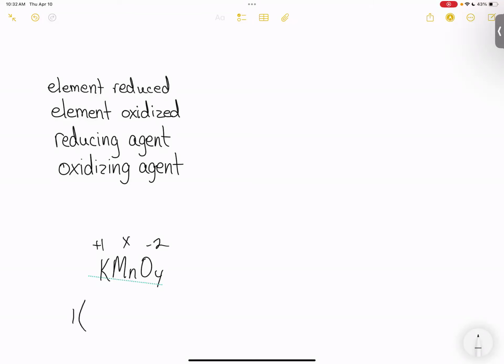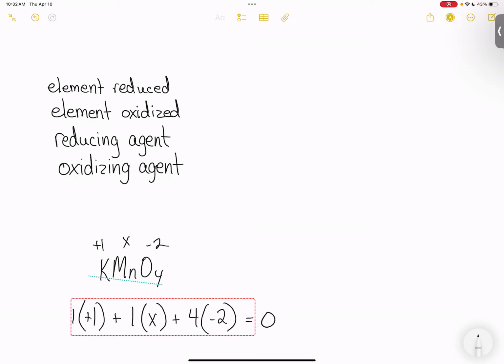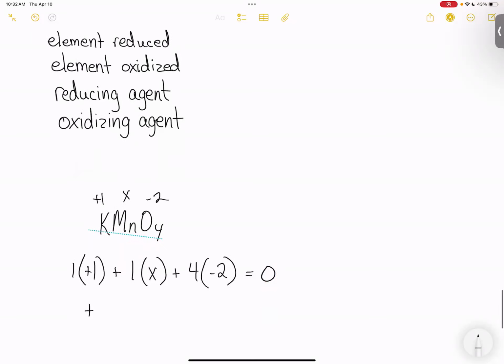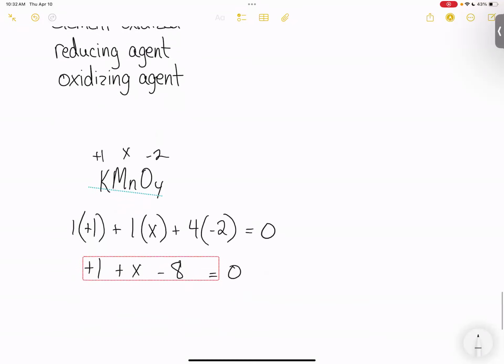So we have 1 potassium times a +1, 1 manganese times X, and 4 oxygens times the -2. And that is all set equal to 0 because the potassium permanganate was not charged. So +1 plus X minus 8 equals 0.